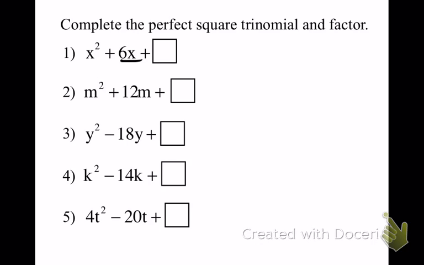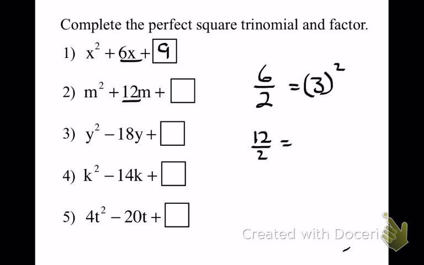When I take 6x, the middle coefficient, I divide it by 2, I get 3, and then I have to square it. And we get our last term. The middle coefficient, divide it by 2, then square it, it would be 36. Pause the recording and try the last 3.